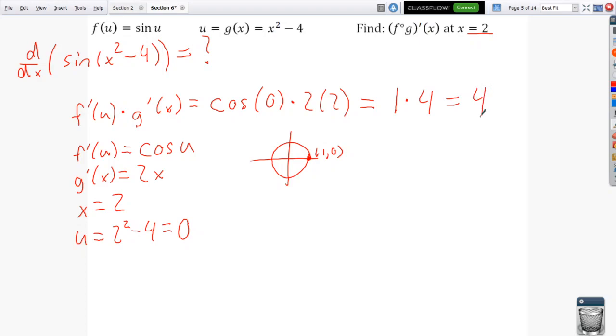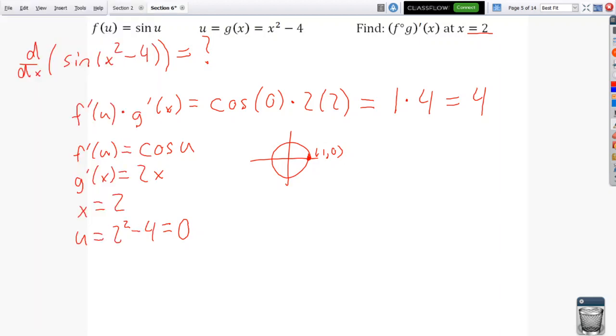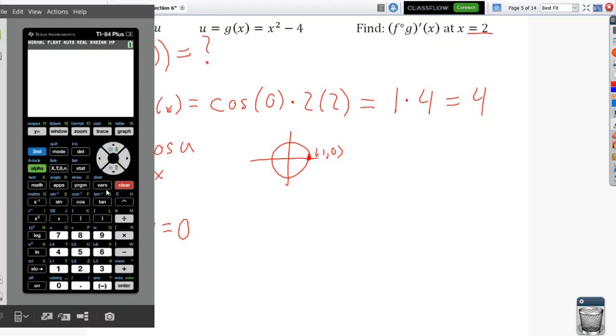All right? And just to be clear on this, we again can use our graphing calculator to figure out if we're actually right, if we're in the right ballpark here. Again, we happen to know that this function is differentiable at x equals 2. So let's see. I want to find the derivative of sine of x squared minus 4.